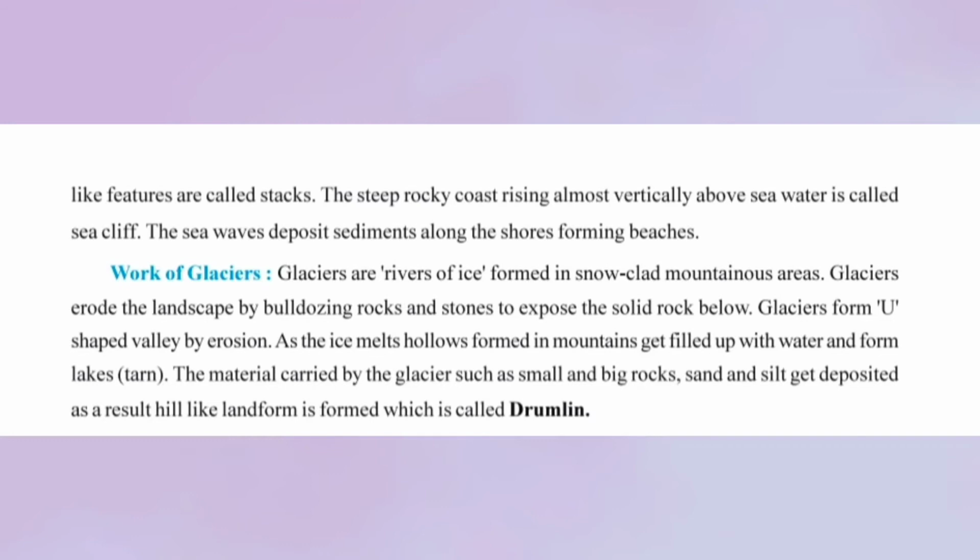However, due to the shape of the glaciers and the blocking of the glacier, you have formation of valleys which are U-shaped. So this is the first important difference between a glacier valley and a river valley.